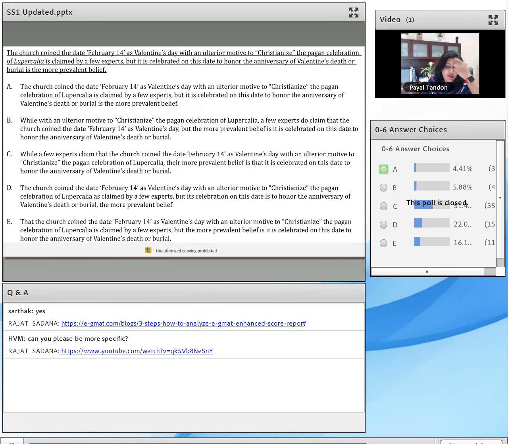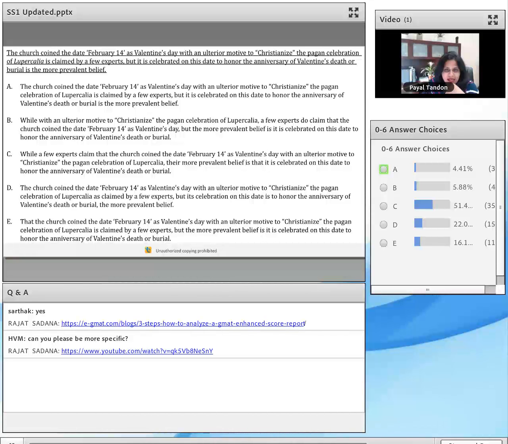Okay, so the majority of you have selected choice C as the correct answer, 51% of the class to be exact. Choice D is the next candidate, 22%, and choice E is 16%.